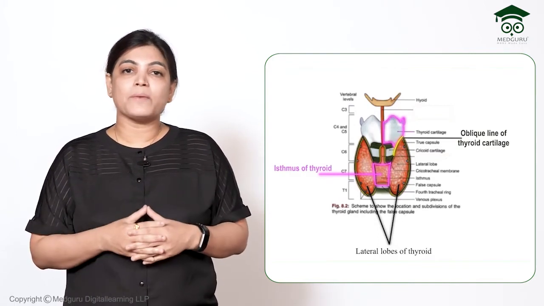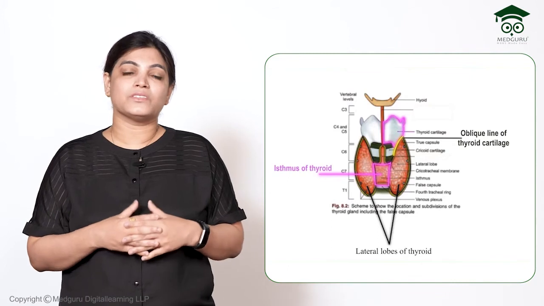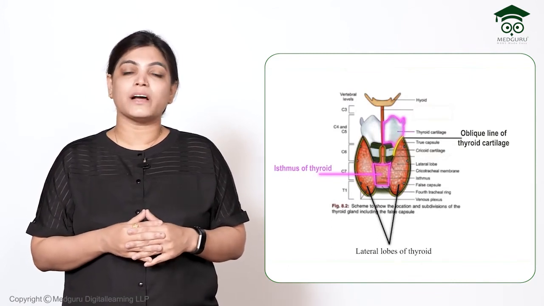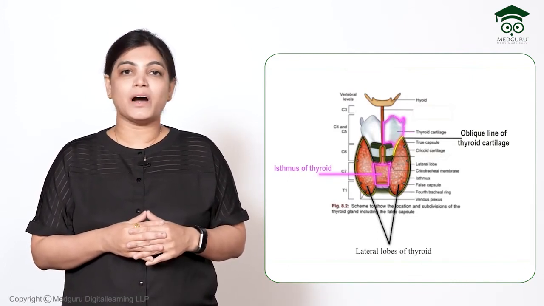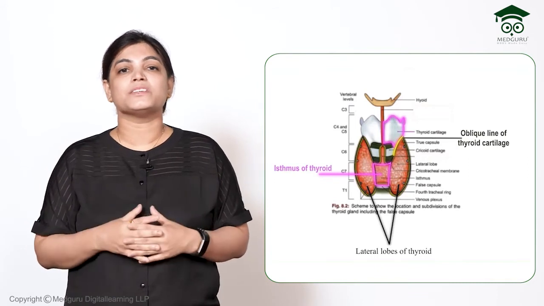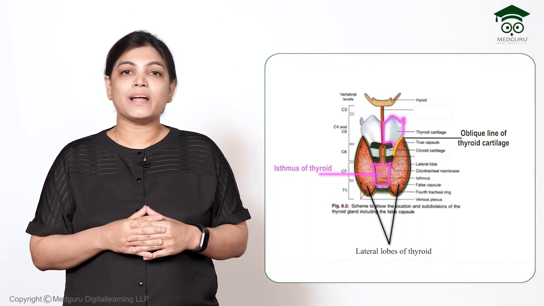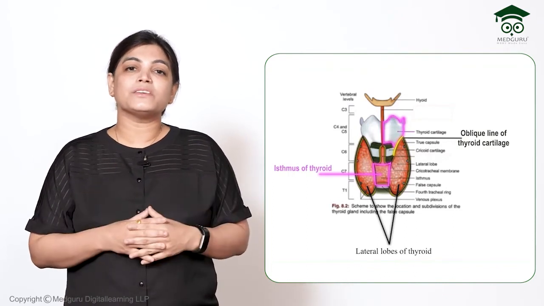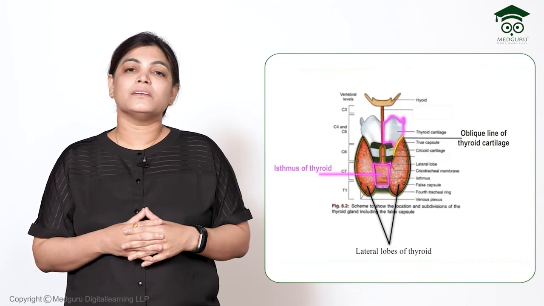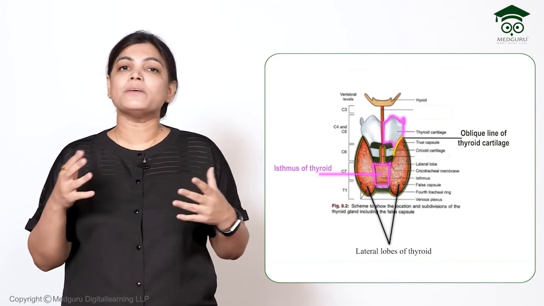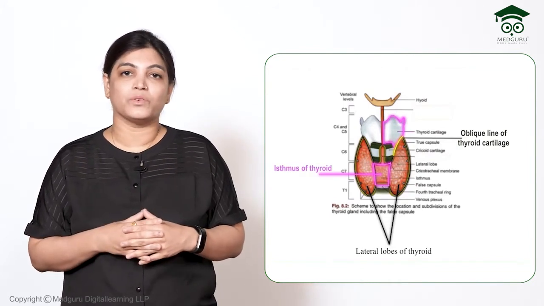Coming to the arterial supply, inferior thyroid artery, which is a branch of thyrocervical trunk, which is a branch of first part of subclavian artery, is giving arterial supply to parathyroid glands. Coming to the lymphatic drainage, they are drained by paratracheal lymph nodes, which will ultimately drain into deep cervical lymph nodes.